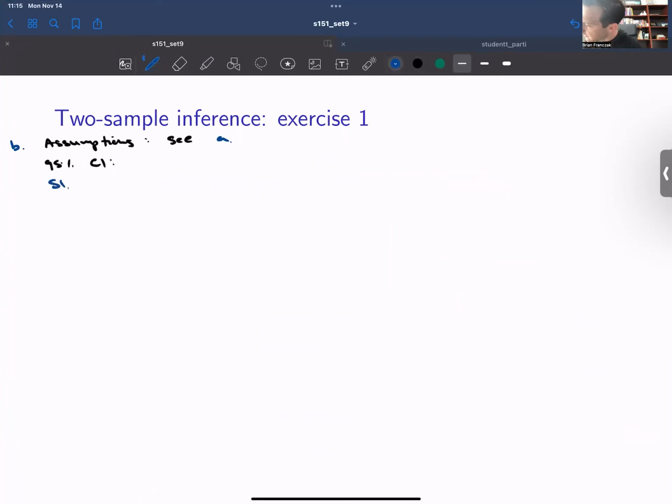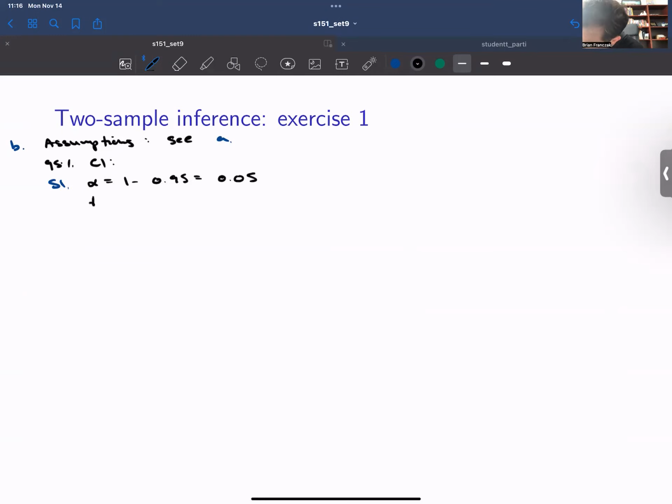So on step 1, we would say alpha is equal to 1 minus 0.95, which is 0.05. Okay, so the same computations we had in the one sample case. The confidence interval on step 1 is identical to what we had in the one sample case, at least in terms of finding alpha.